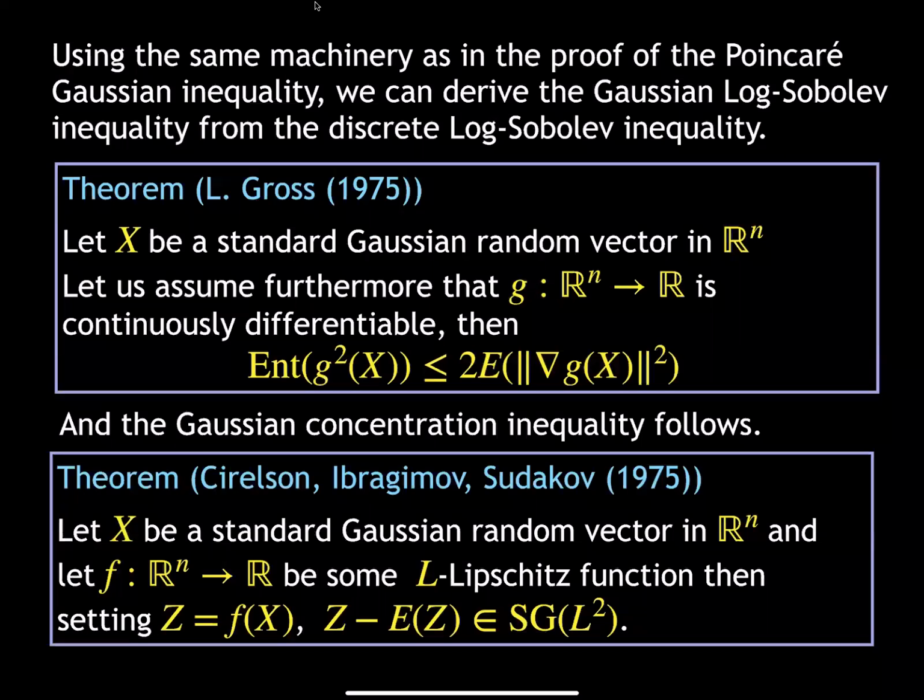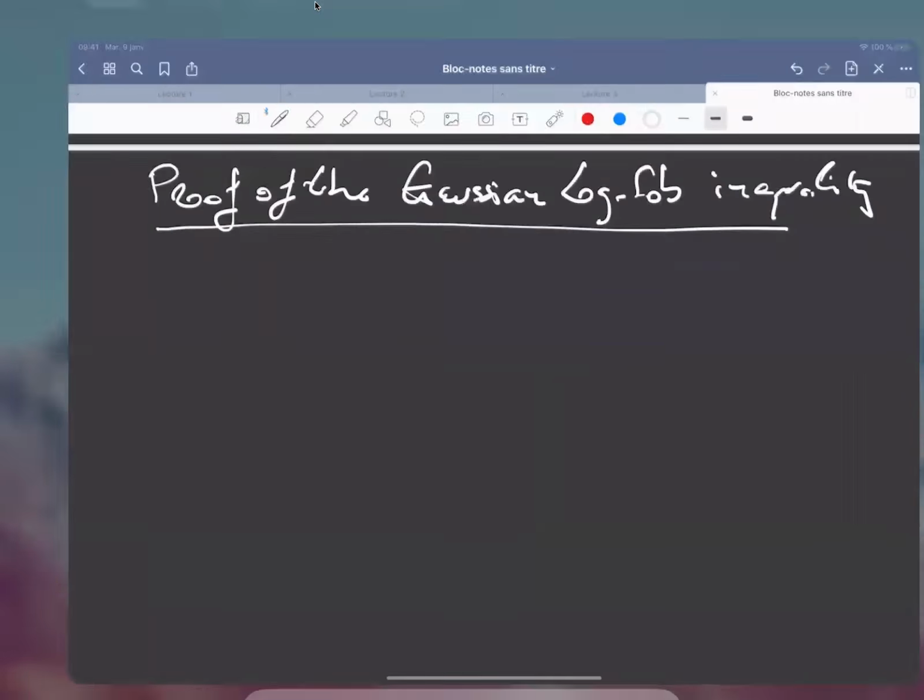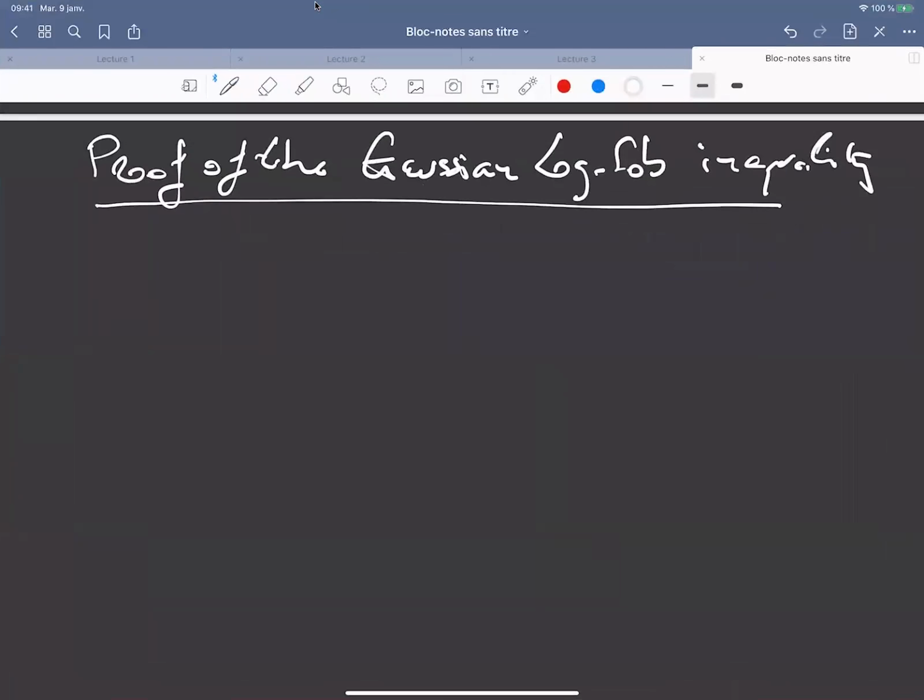So this is it. Yes, thank you. This is the Gaussian log-Sobolev inequality that we want to prove. So we do the same as for the Poincaré inequality. This is exactly the same path.